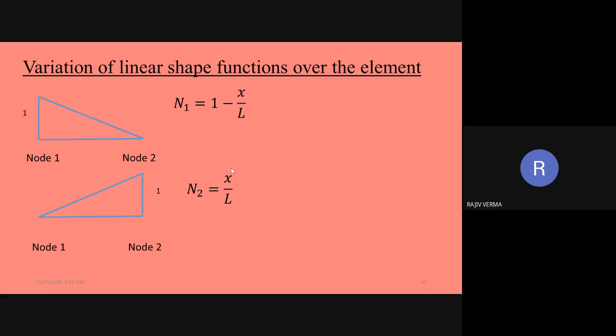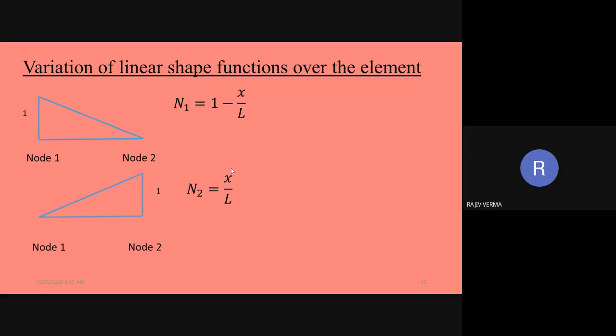The other point observed is that the value of n1 is going to be 1 at node number 1. It is going to be 0 at the other node. Similarly, the value of n2 is going to be 1 at node number 2, and it is going to be 0 at the other node.